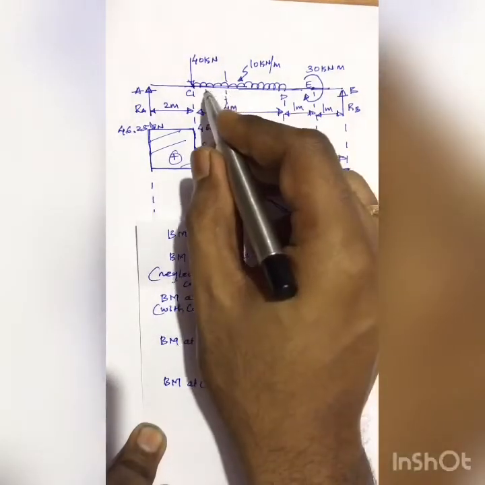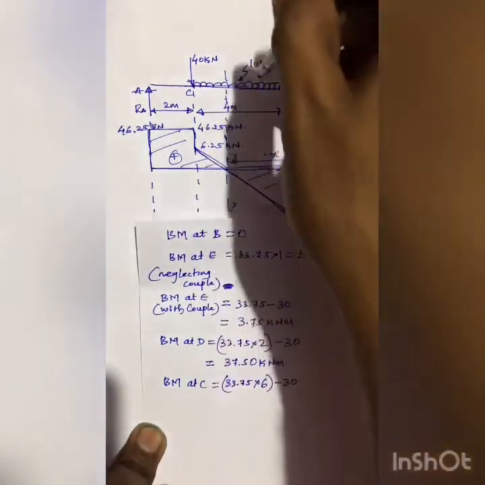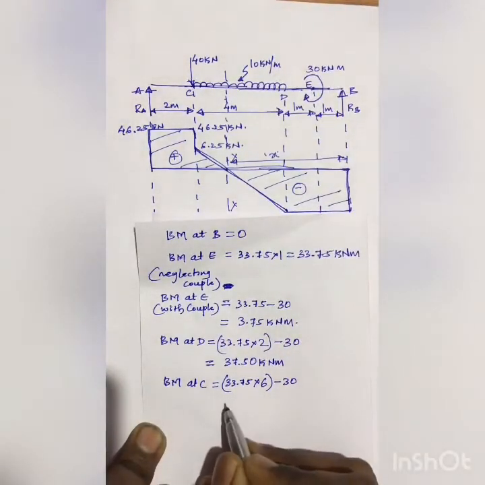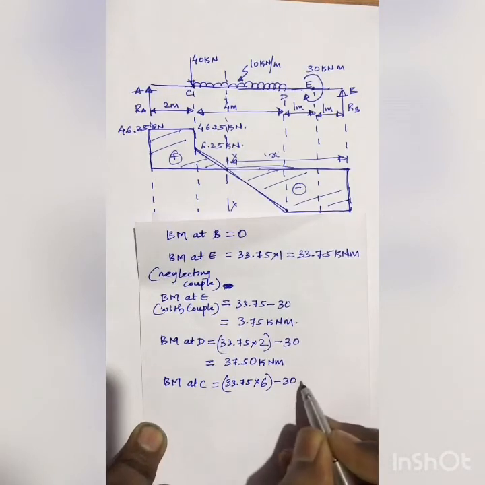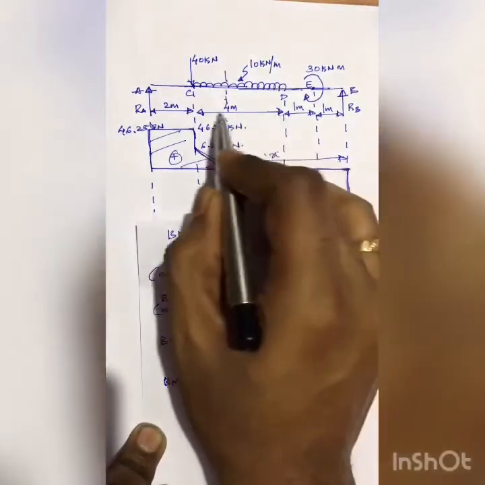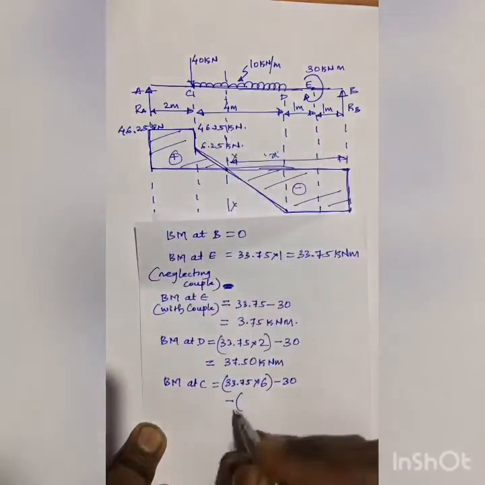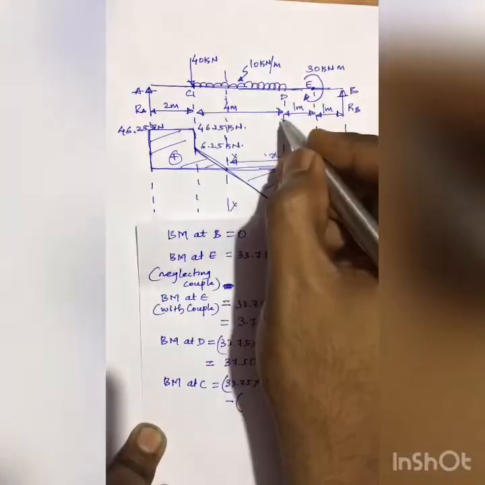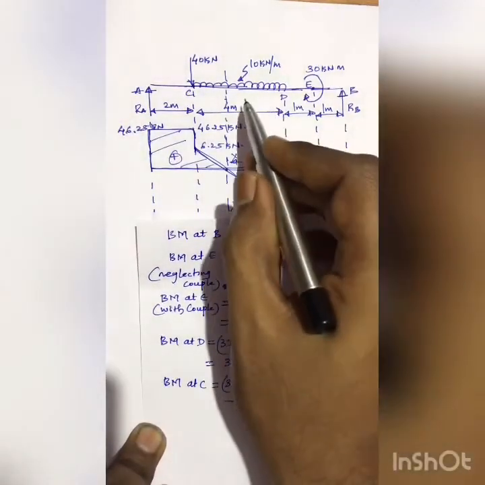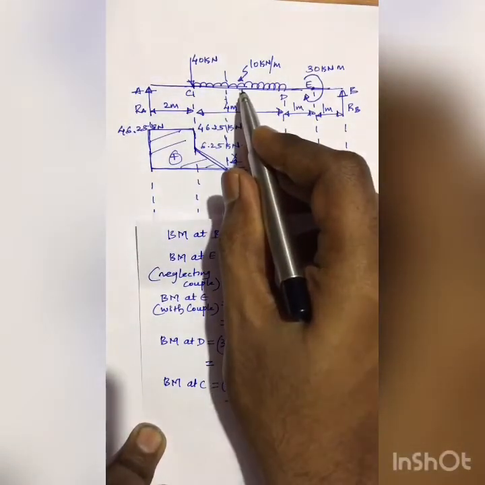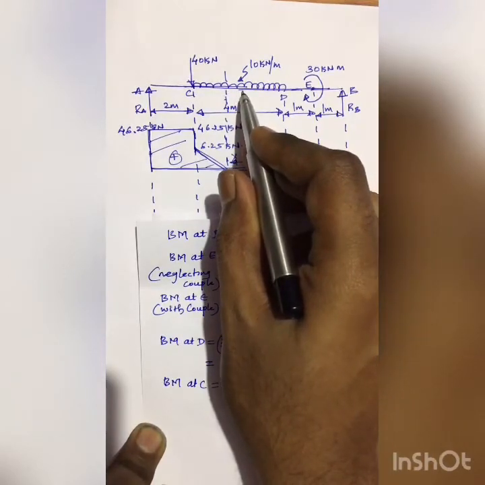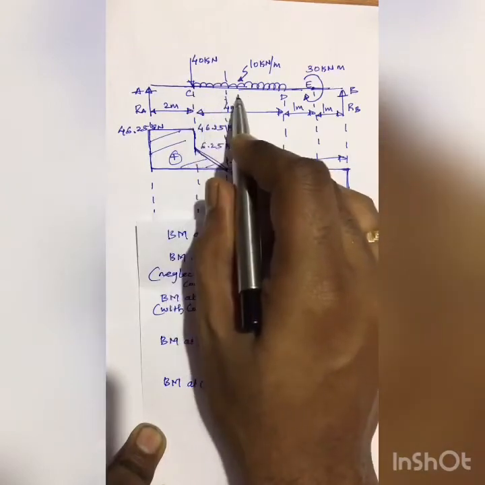And again this I need to consider now, which also is minus because it also is creating a clockwise couple like this. So what I'll write here, minus, first I'll convert this into the load, that is minus this 10 into the length, which is 4, 10 into 4, and I know that this load acts exactly in the middle of the UDL, and the middle of UDL to C distance, how much is it? 2 meters.